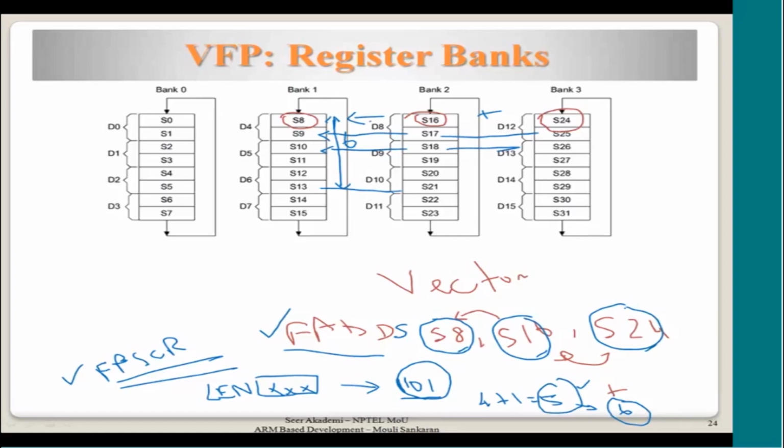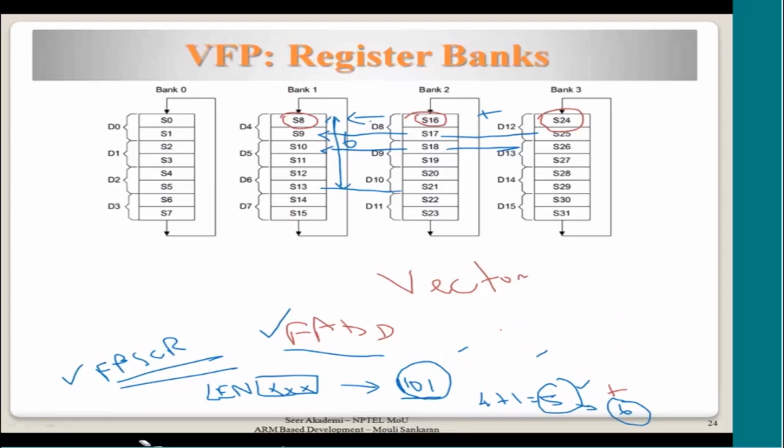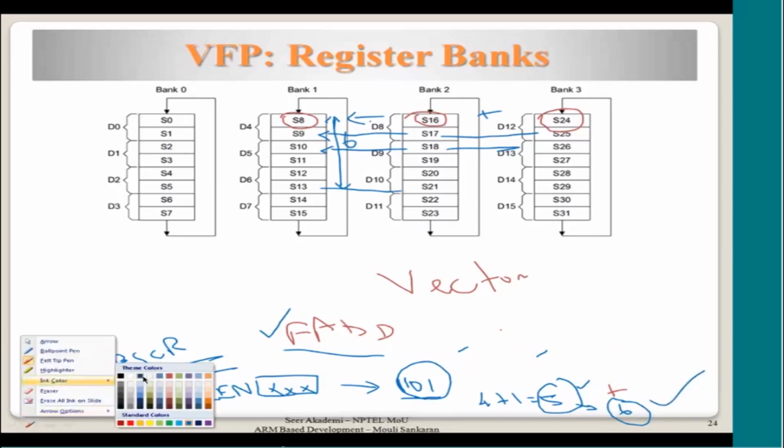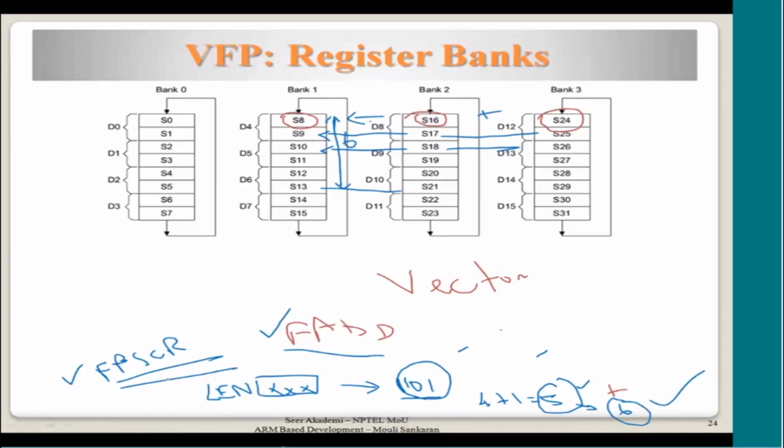Got it? Suppose, assuming the FPSCR values are the same, I write an instruction with S11, S19, S27.